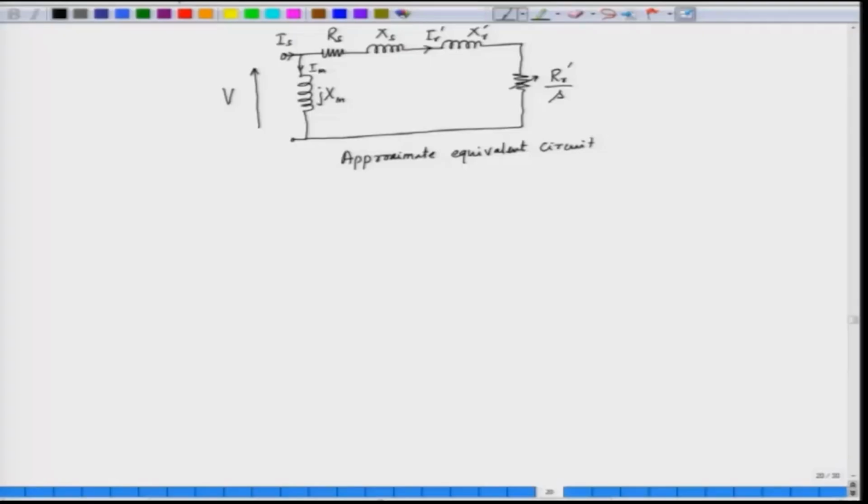Now, let us try to find out the torque and the speed. Here we have the air gap. So, this part is the stator and this part is the rotor. And the induction motor can be thought of as a rotating transformer. So, the power which flows from the stator to the rotor is called the air gap power.